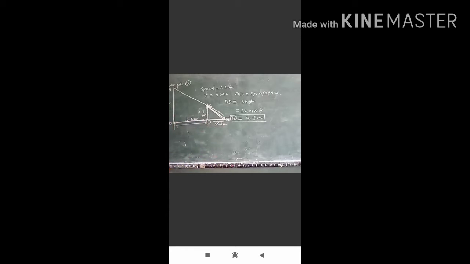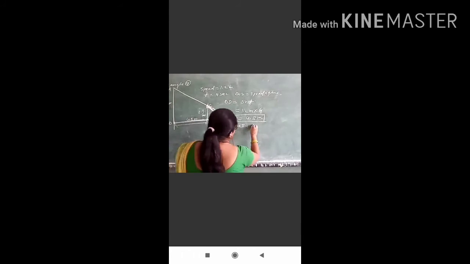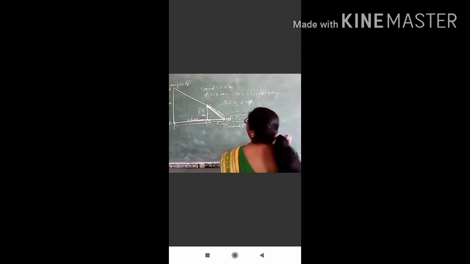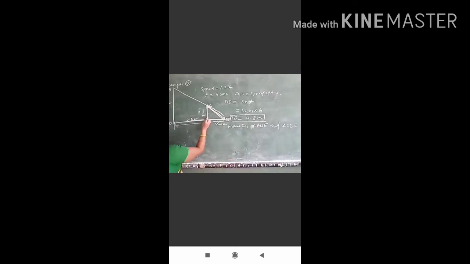So now we take it in triangles. In triangle ADE and triangle CDE, this small one and this big one.